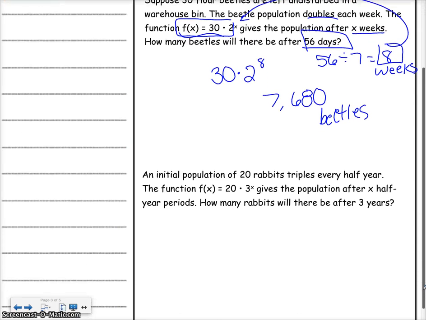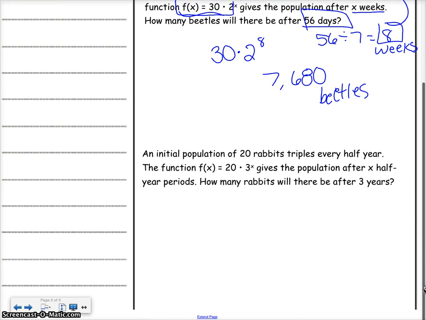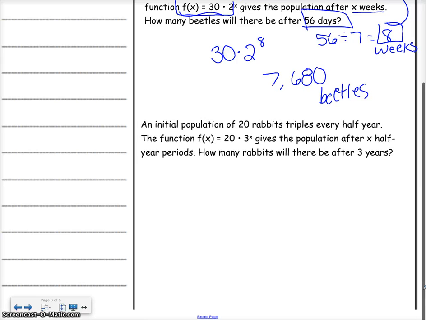Okay, the next problem that we're going to use to meet that evaluating standard. An initial population of 20 rabbits triples every half year. The function f of x, look at me, f of x equals 20 times 3 to the x, gives the population after x half years.